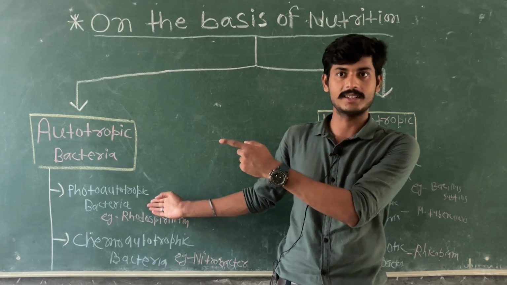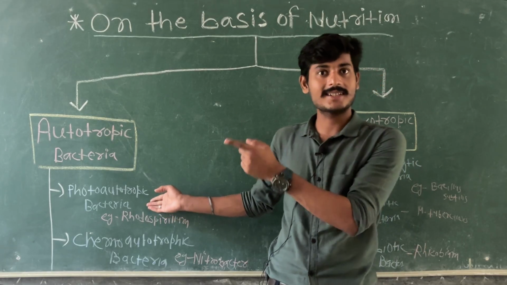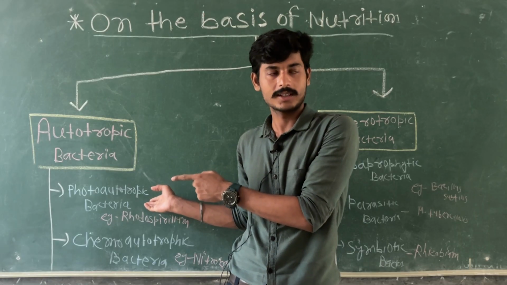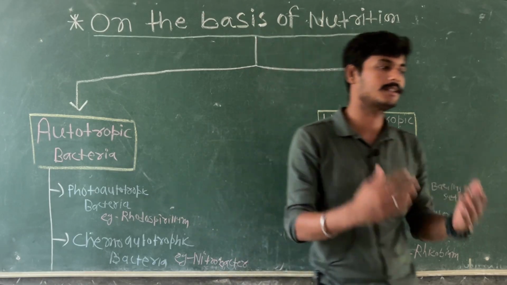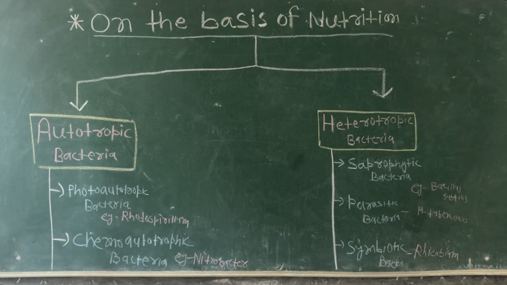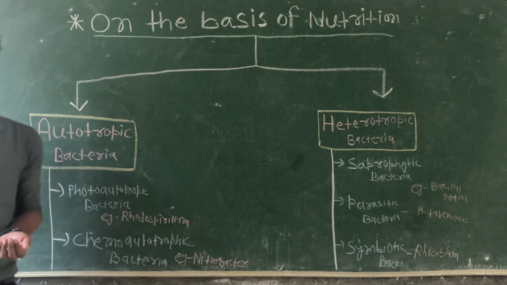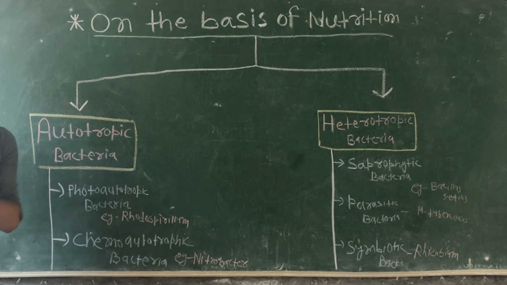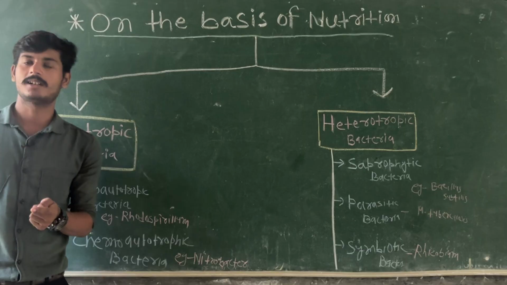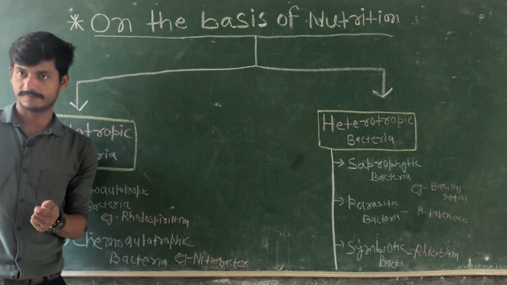Got it? Just like a plant synthesizes its own food. In which part of the plant is food synthesized? The leaf is the main kitchen where they make the food.